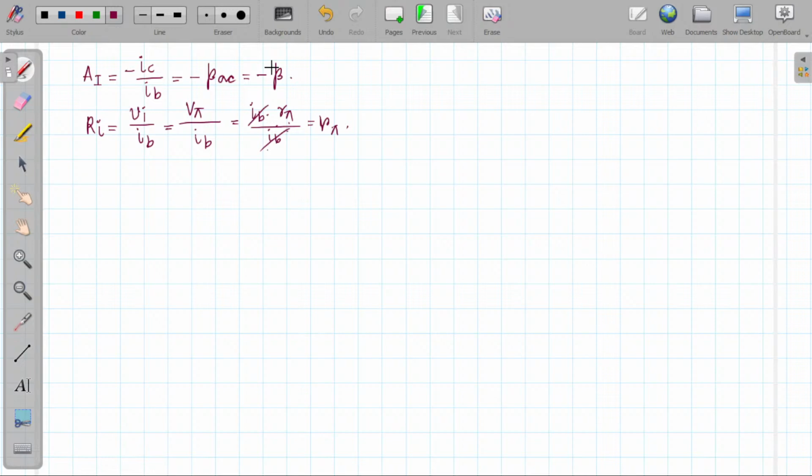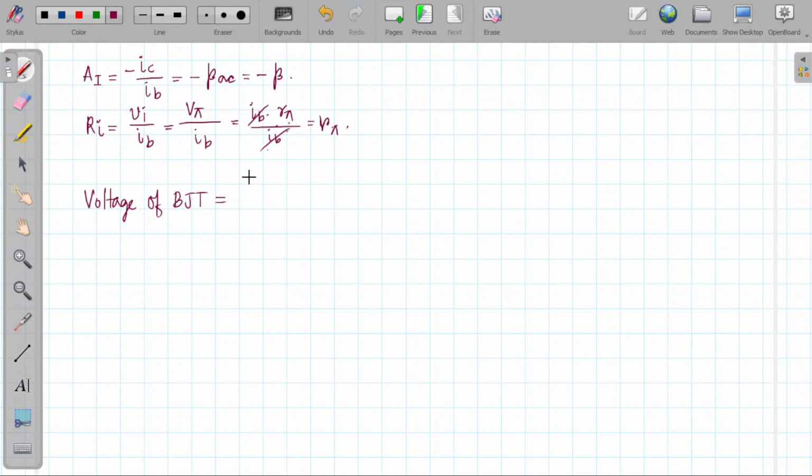And what is the voltage gain of the BJT? We can also find it as the voltage gain of the bipolar junction transistor.